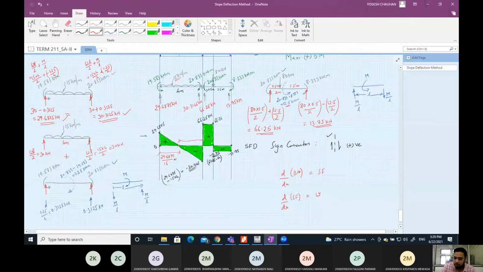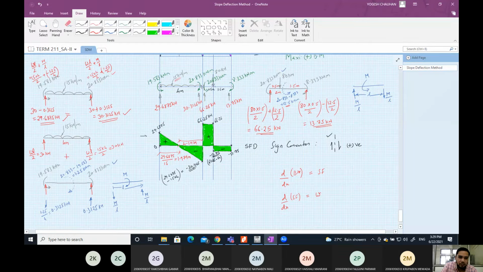So if you divide, it will be 29.6875 divided by 15, which is 1.979. And obviously this will be 4 minus 1.979. But the other way to find it is this way also.